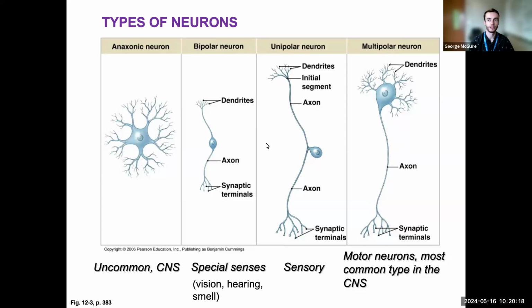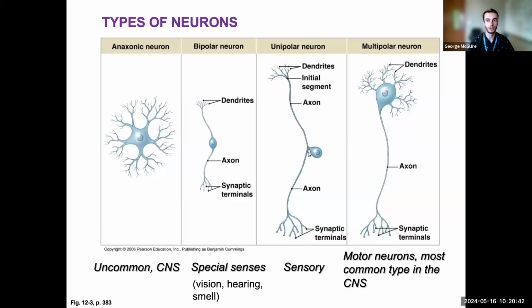The rest of our neuron types are categorized by essentially how many branches are coming off of the body. We have our bipolar neuron, which has a long branch leading to its dendrites and the typical axon that we were discussing. So we have two poles, bipolar.